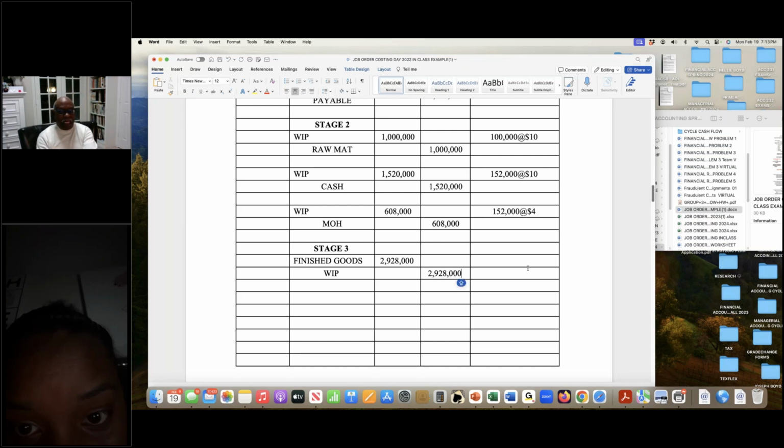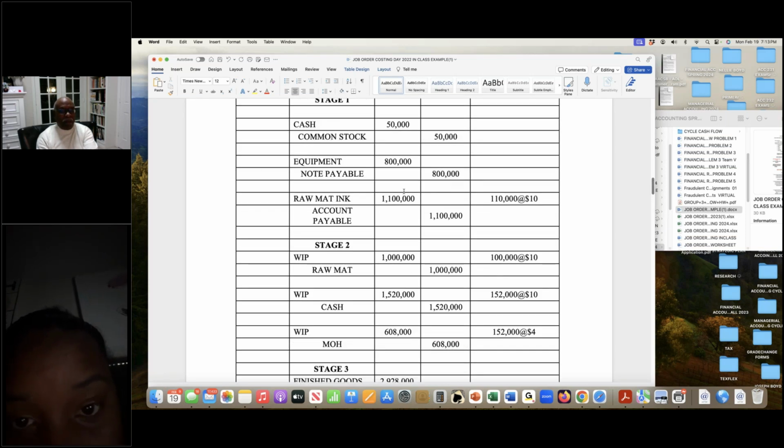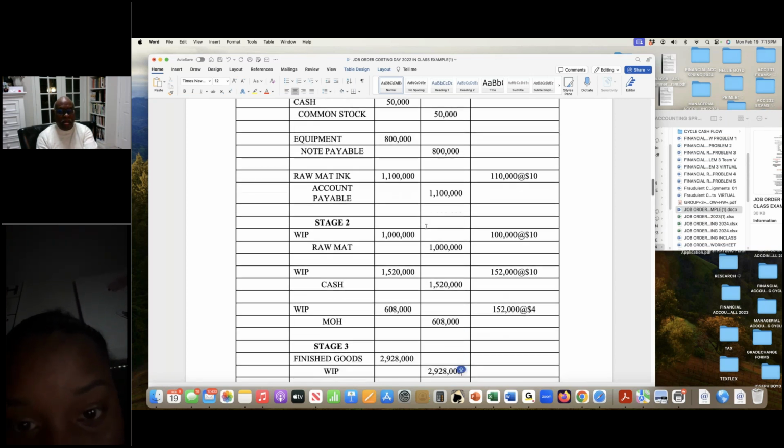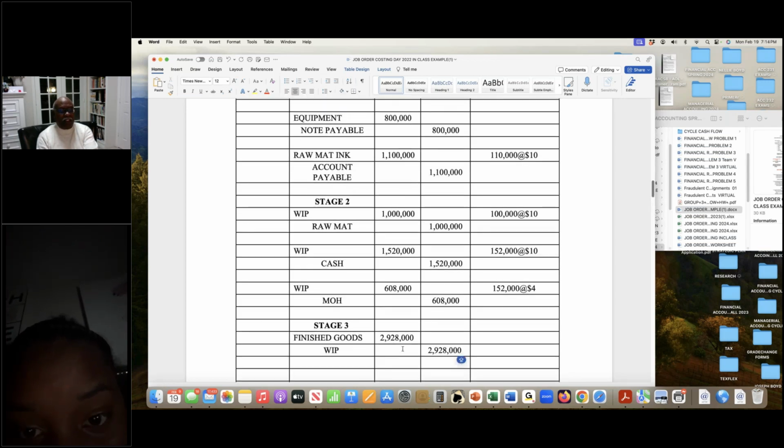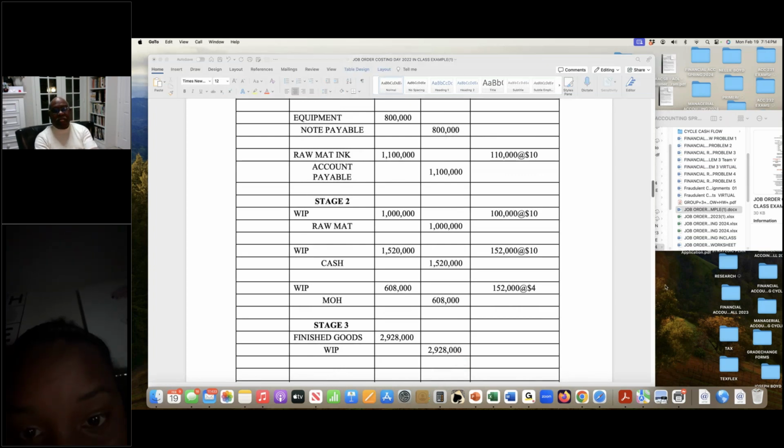We make this calculation based on the count in terms of how much cost is going to finished goods. We started out planning to make 50,000 books. We bring all the cost in, but only 40,000 books are made. So these are our journal entries in stage 1, 2, and 3. Are there any questions?